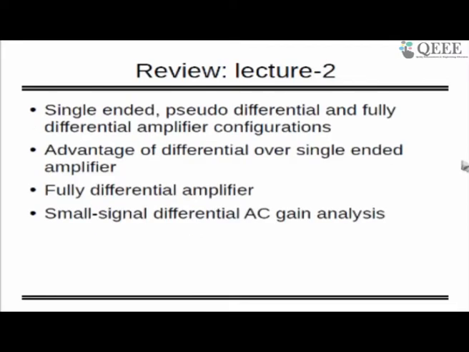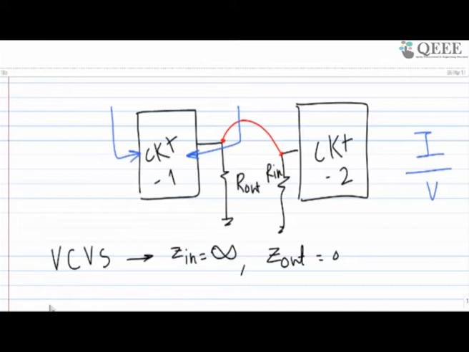Now let's go to reviewing lecture number 2, which was the last one, where we understood what single-ended, pseudo differential, fully differential, and differential configurations are. There are 4 configurations, and we understood all 4. We understood that differential is the one where you give 2 input signals.